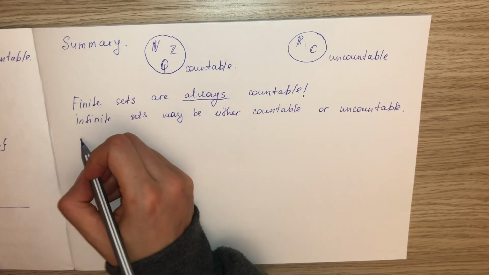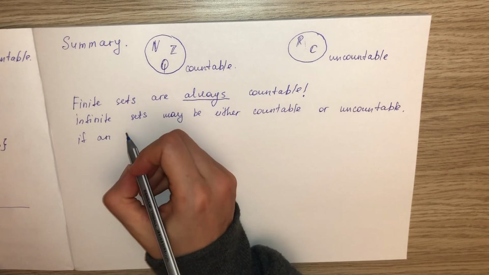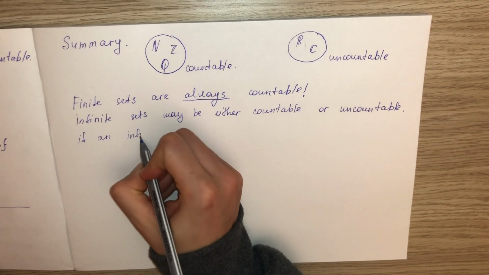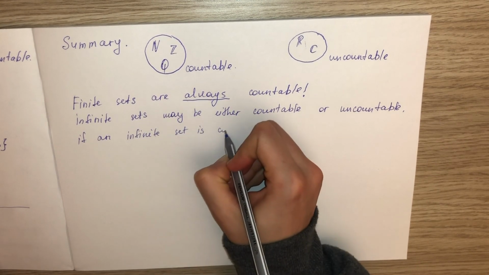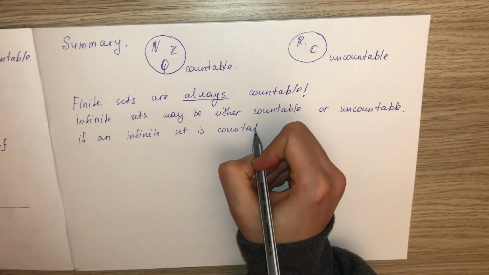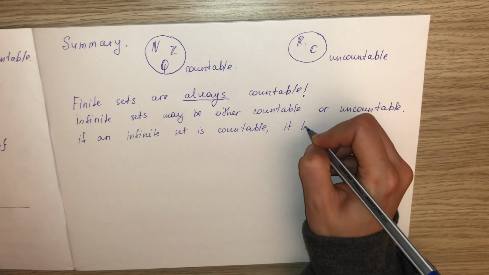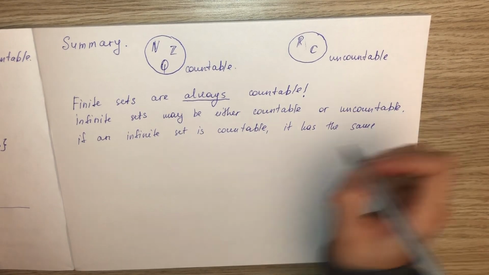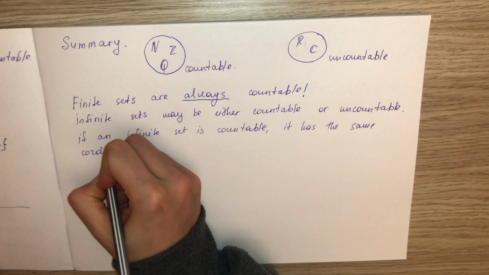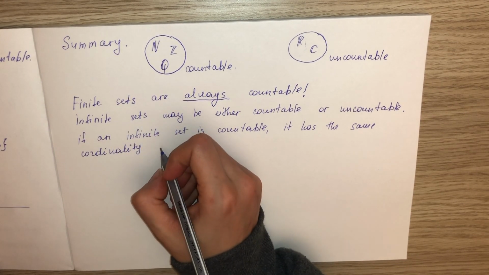And finally, if an infinite set is countable, it has the same cardinality as the natural numbers.